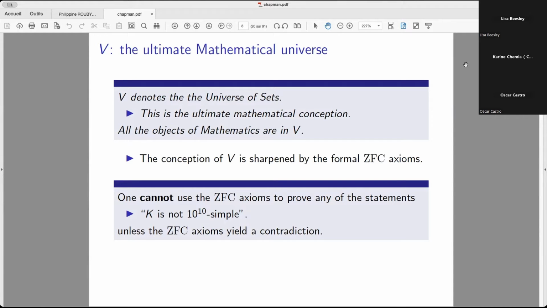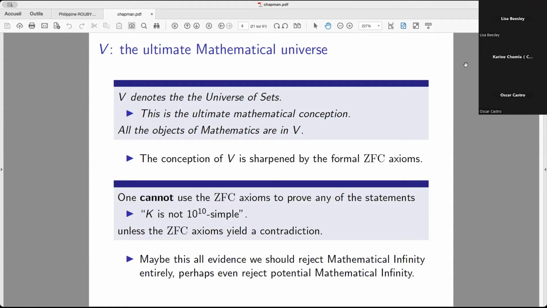K is not 10 to the 10 simple, unless these axioms lead to a contradiction. Maybe this is all evidence we should just reject mathematical infinity, and perhaps even reject potential mathematical infinity. So do we really need infinity?